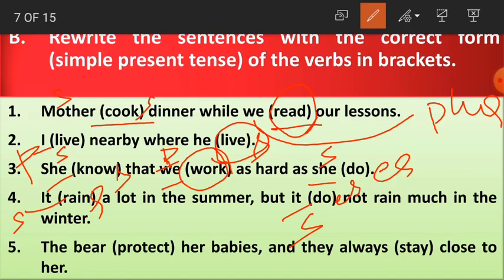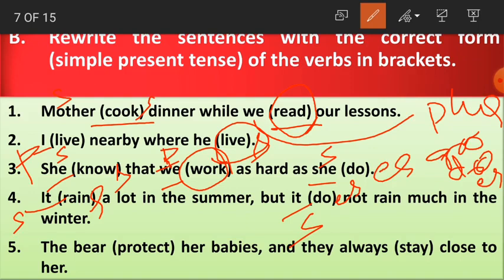Clear, children? Yes. Mostly, if you observe, words like go and do, these verbs are ending with o. For these types of words, normally we are adding es.